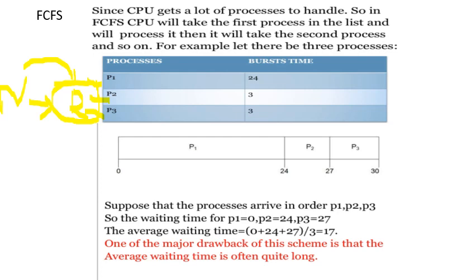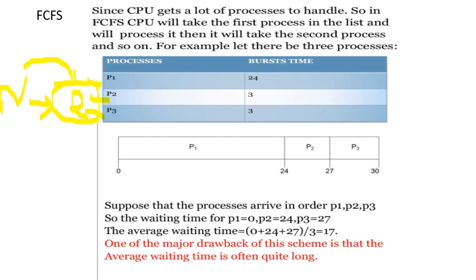Now, which process should be executed first? How do you decide? If there is only one process in the ready state, that one process will go to the running state. But here there are three processes in the ready state, so which process do we select for execution?